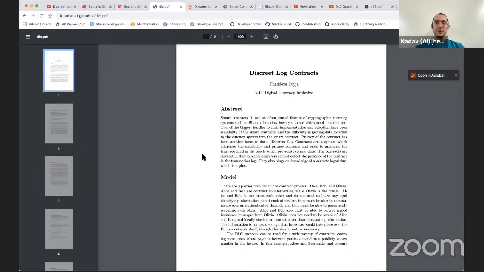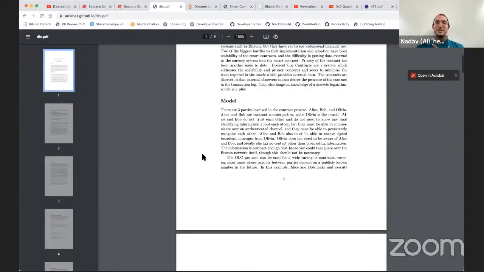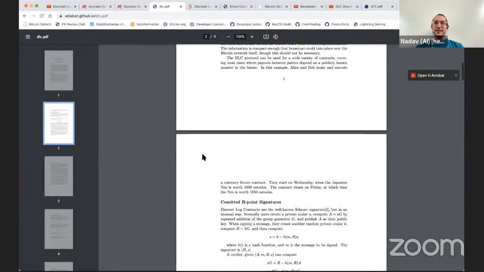So it addresses scalability and privacy concerns, and you also want to minimize the amount of trust. It has a very specific oracle model in mind, where you have oblivious oracles being used to execute contracts on Bitcoin. And as the name puns, we use a discrete log, and it's private, hence the misspelling with two E's and then a T.